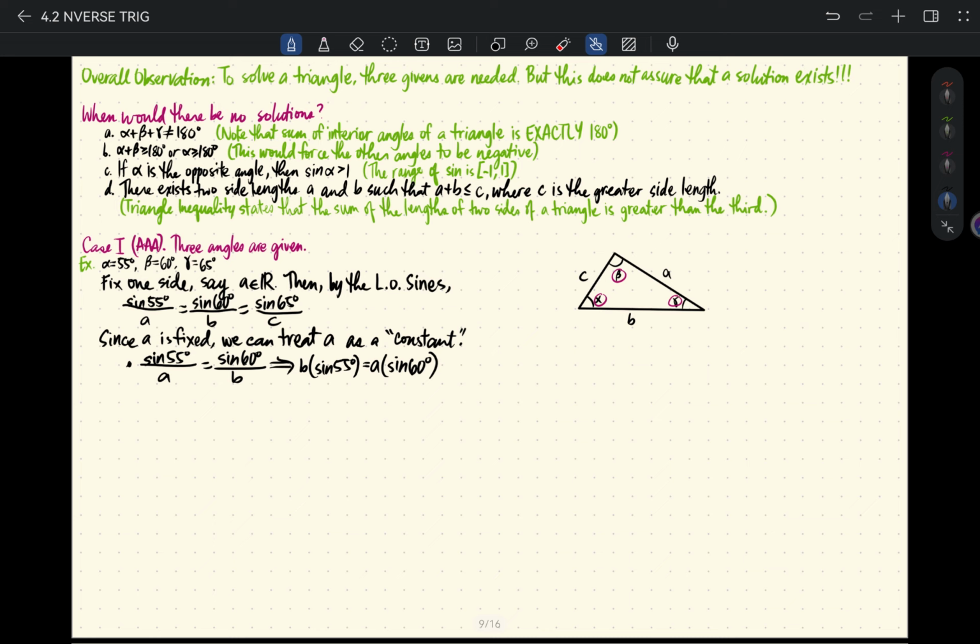And dividing both sides by sine of 55 degrees, we get B equals A times sine of 60 degrees over sine of 55 degrees. And sine 60 is a value that we know. Sine of 60 degrees is just square root of 3 over 2. So we have here A times square root of 3 over 2 sine 55 degrees. So you have B right here.